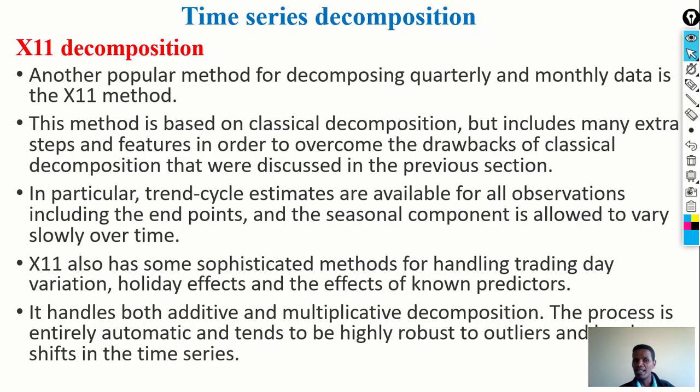You see? In the case of classical decomposition, it is assumed that the seasonal component is constant over time. But in the case of X11 decomposition, the seasonal component is allowed to vary slowly over time. So this is the advantage of the X11 decomposition, which overcomes the drawback of the classical decomposition.